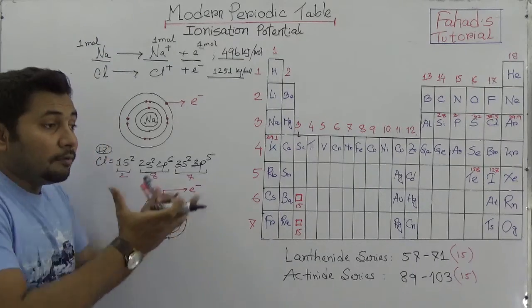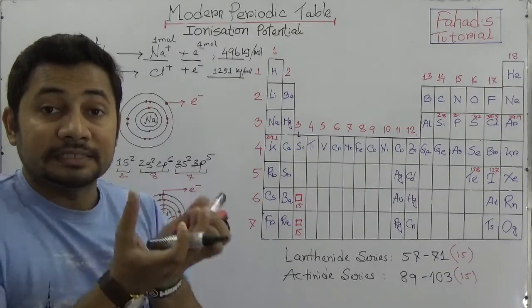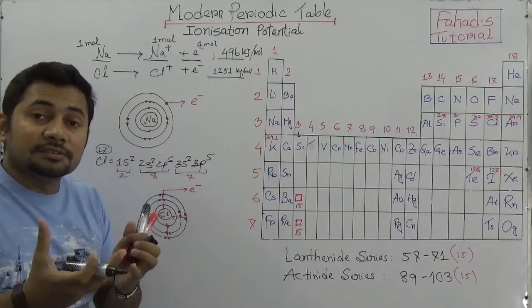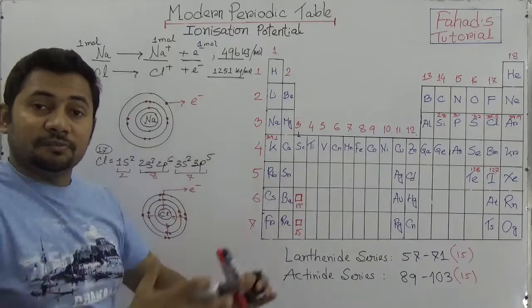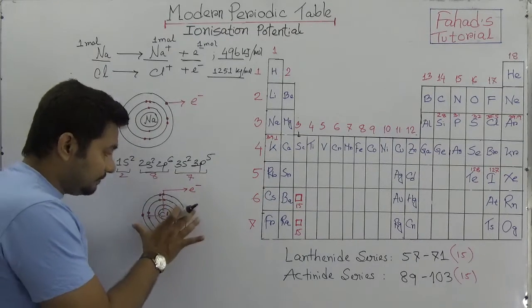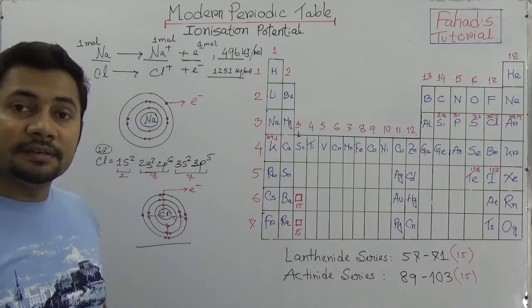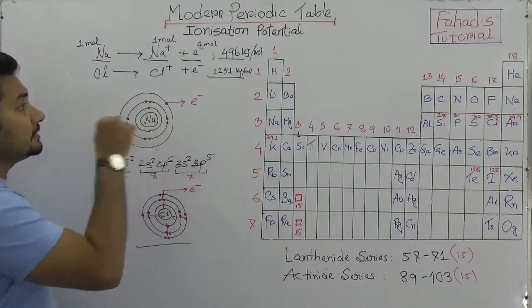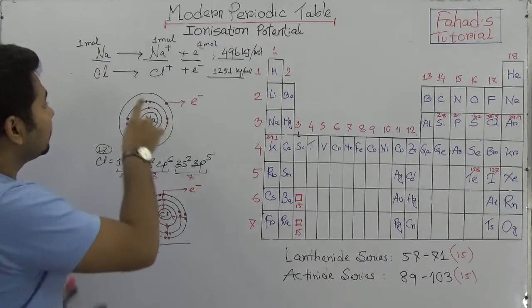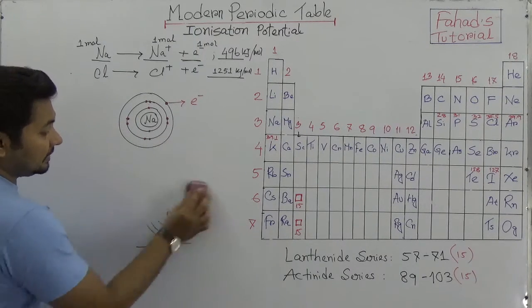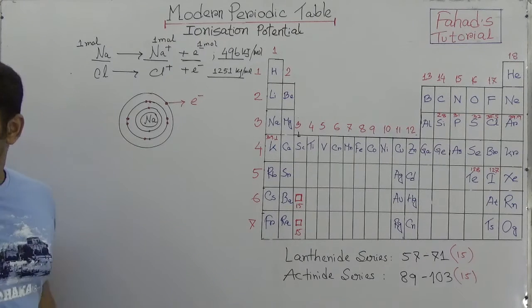Whereas chlorine wants an electron to get settled. That is why the octet rule will be fulfilled. Here I am removing electrons from chlorine, so definitely the required energy will be high in case of chlorine, and that is why this is ionization energy. So what is the explanation?